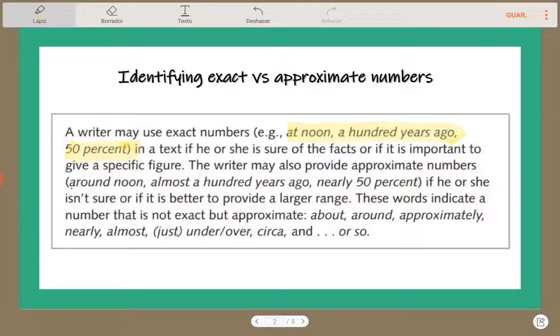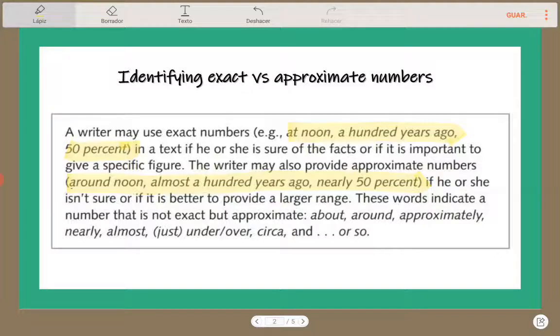Also, the writer may provide approximate numbers. Some examples about approximate numbers: around noon, almost 100 years ago, nearly 50%. Why is the author going to use these phrases? Because he or she isn't sure, or it's better to provide a larger range.